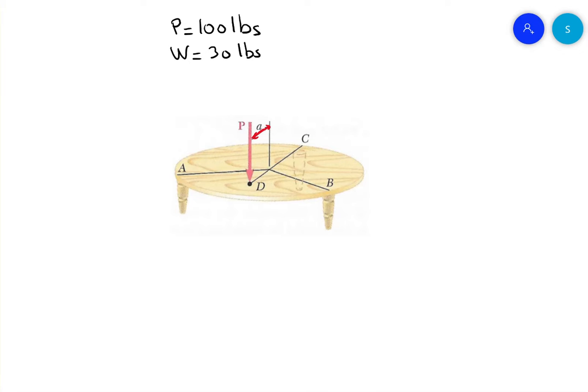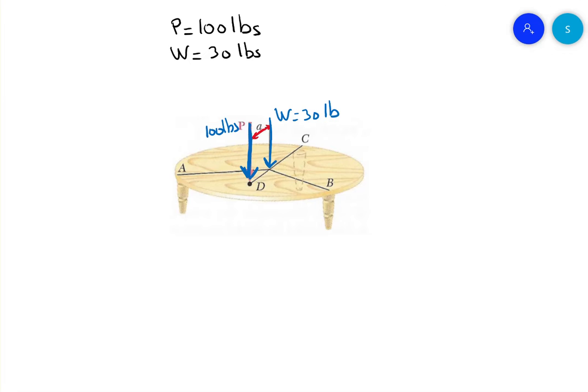So let's draw what we know. We know the force P. I make in blue the force that I know. That's 100 pounds. And we know W. The table is uniform, so W is in the middle.